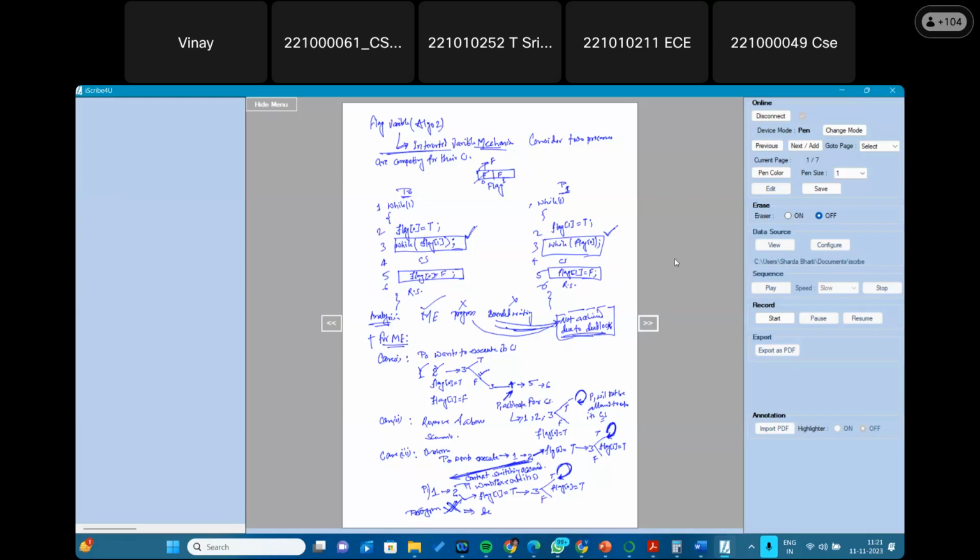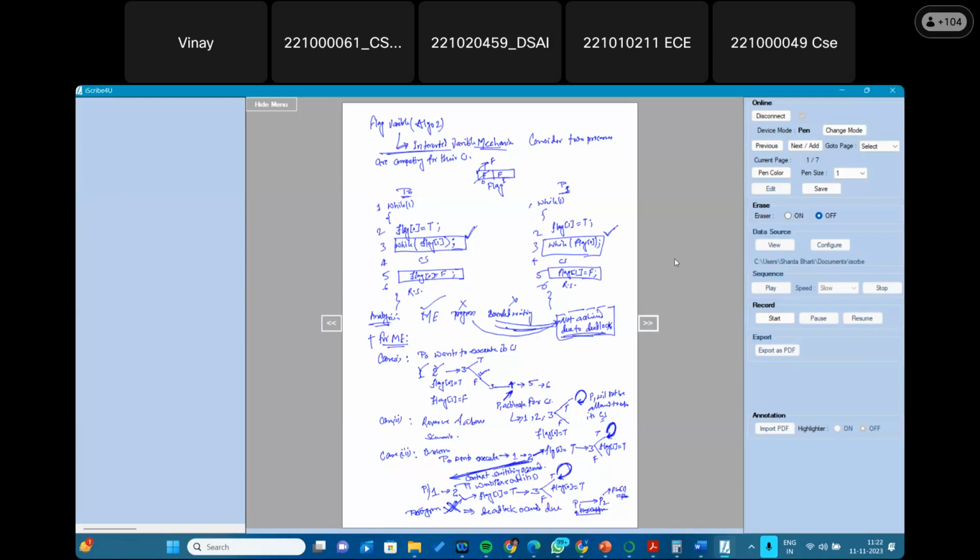So deadlock occurs. Why? P1 waits for P0 to make flag 0 false, P0 waits for P1 to make flag 1 false. So due to deadlock, progress is violated.